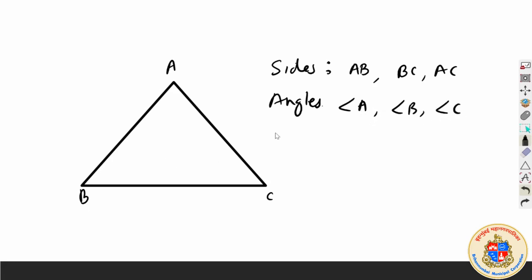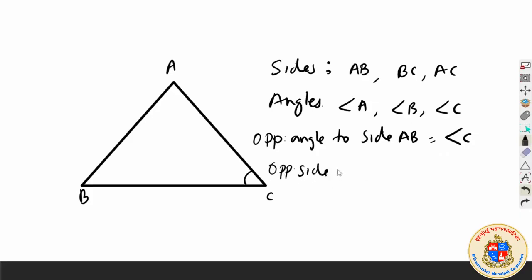And if I ask you what is the opposite angle to side AB, then you will say C is the opposite angle. If I ask you what is the opposite side of angle A, then you will say that it is the side BC.